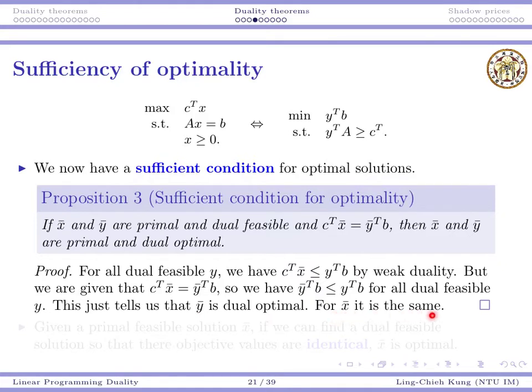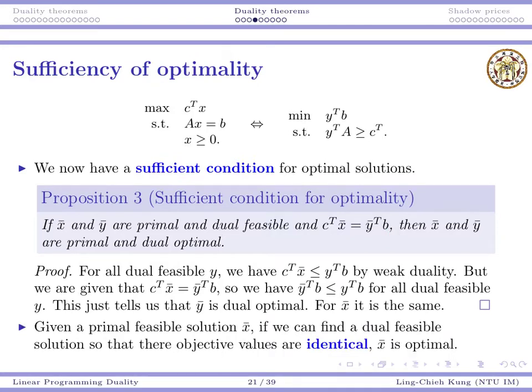For x bar it is the same thing. So as long as you have equality here, then you have optimality. The implication here is that given a primal feasible solution x bar, if we can find a dual solution which is feasible and has the same objective value as x bar, then x bar is optimal. Okay, a sufficient condition.